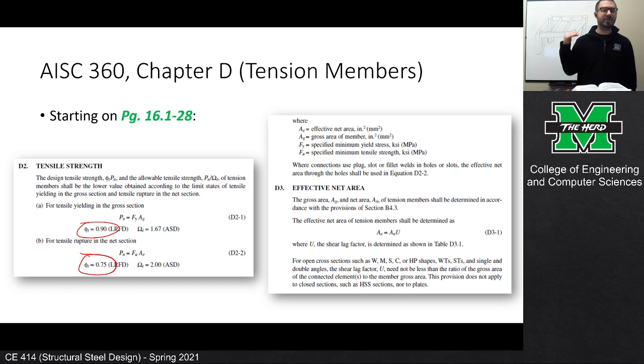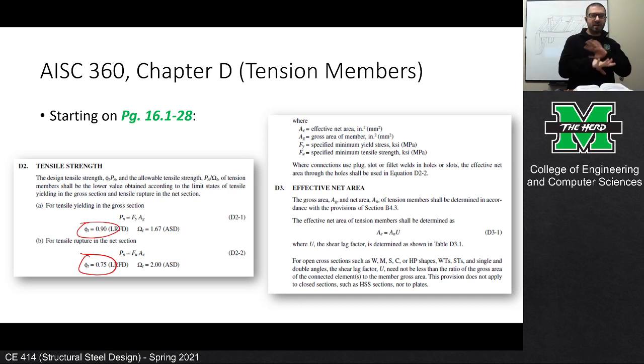If a member yields and it gets longer, I mean, that sucks. We don't want the member to experience permanent elongation, but that's not as bad as if it fractures. If it fractures, the member is separating. That's bad. So we use a lower resistance factor because we're making sure that the usable strength is lower to account for that worst case scenario, if you will.